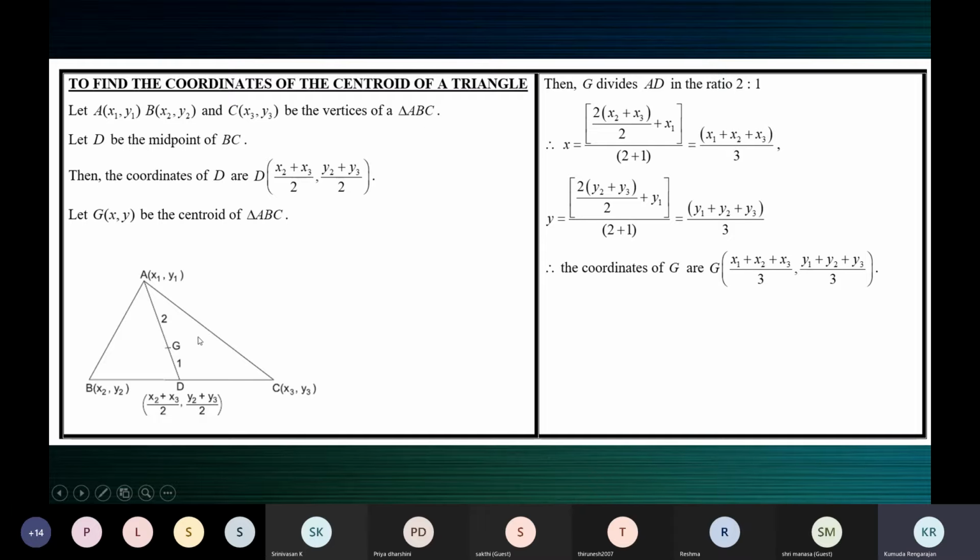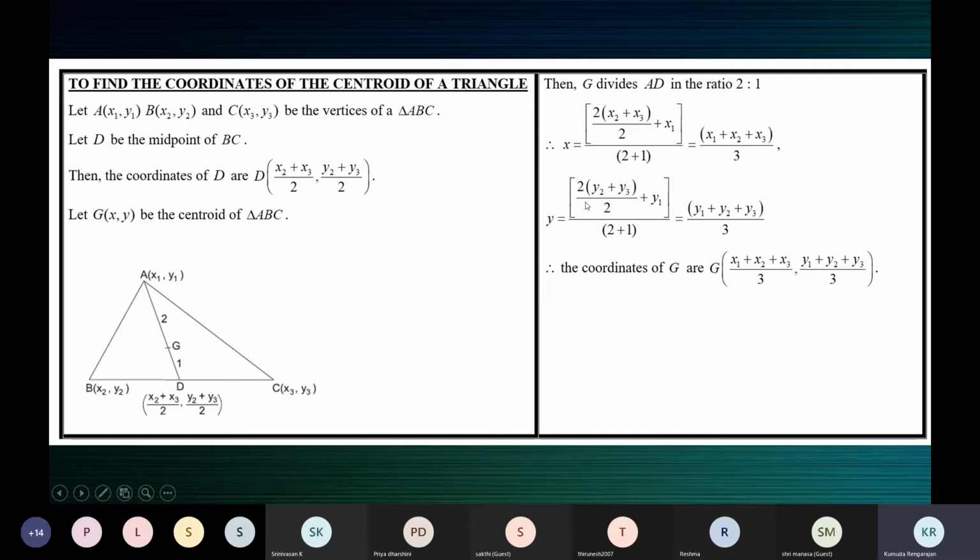Next, let's find the y coordinate of G. y is equal to m y2, where m is 2, so 2 into y2 plus y3 by 2, plus n into y1, where n is 1, so 1 into y1, all divided by m plus n, which is 2 plus 1.